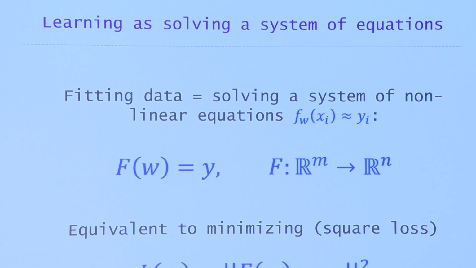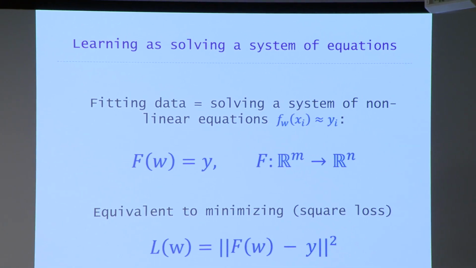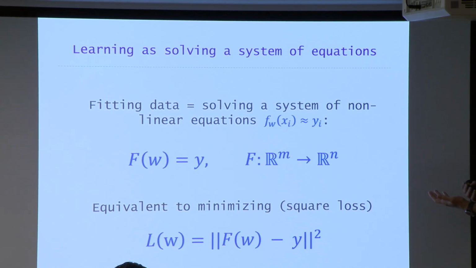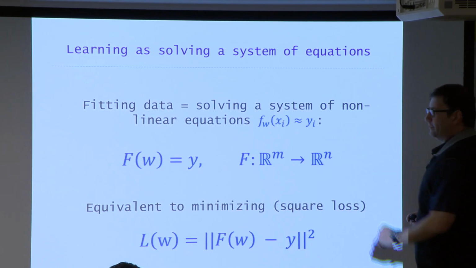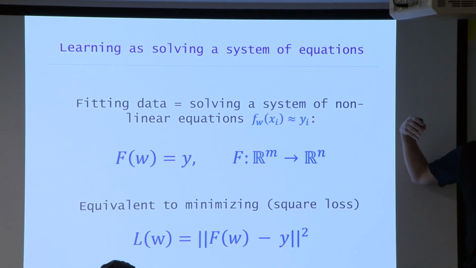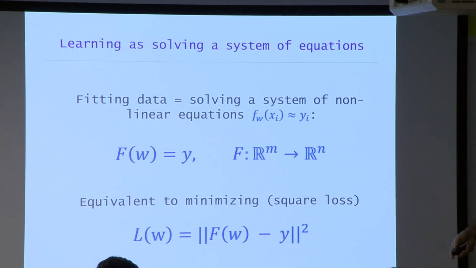First, let's think about learning as solving a system of equations. The basic setting is, if I want to fit data, I essentially want to find w such that f(x_i; w) = y_i. Of course, not necessarily exactly, but maybe approximately.